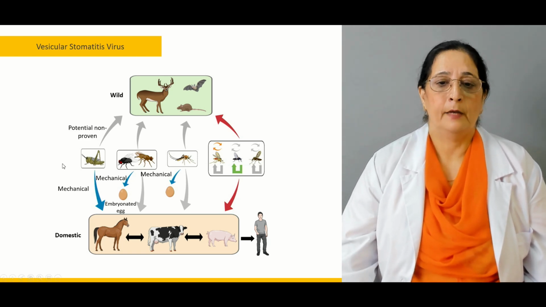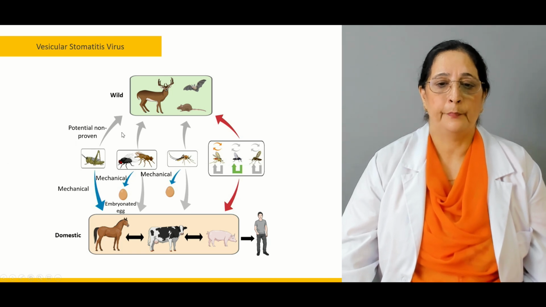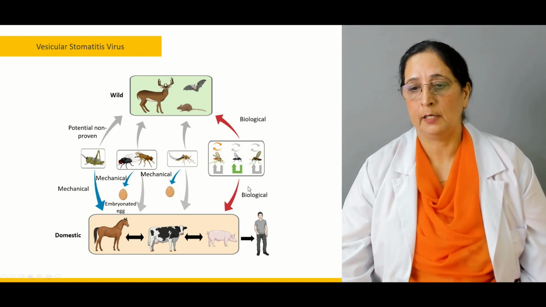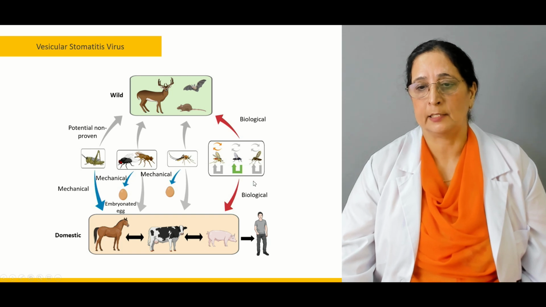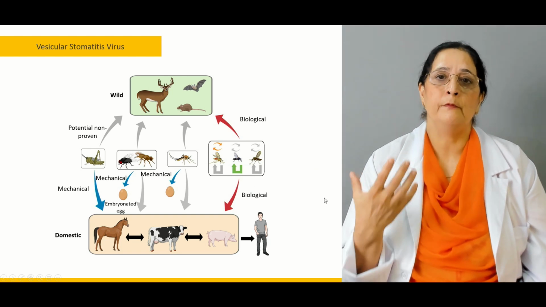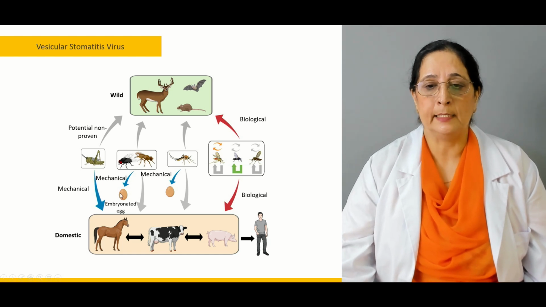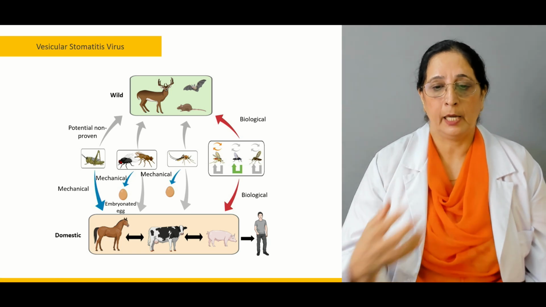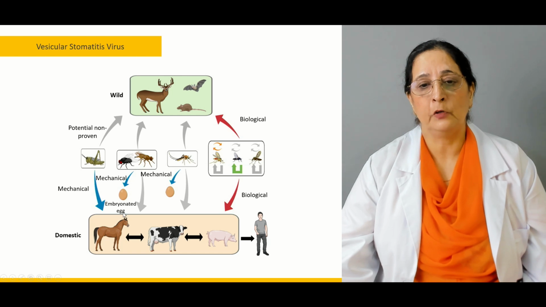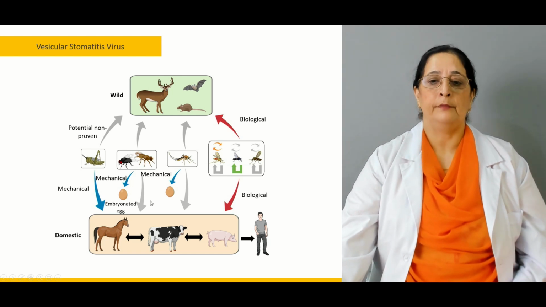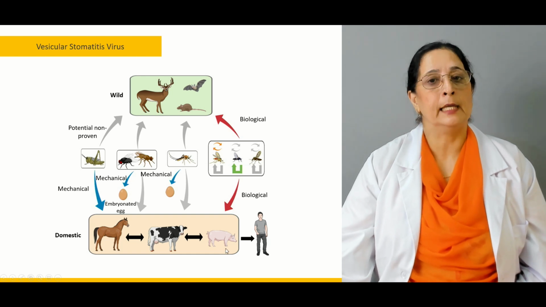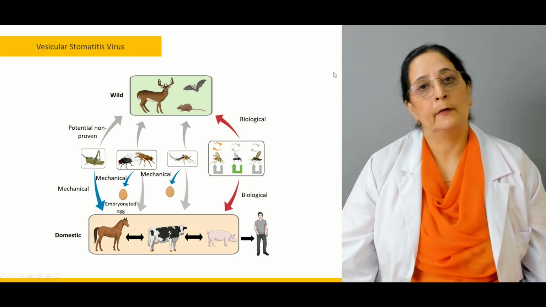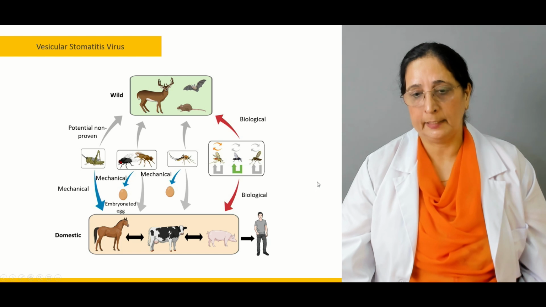And then we have potential non-proven. This is just the biological transfer. Biological is through the environment, and then we have mechanical transfer by actually touching and consuming. So the embryonated eggs are produced, which if they are taken even by the domestic animals or the wild animals, they are capable of spreading the infection and spreading the virus.